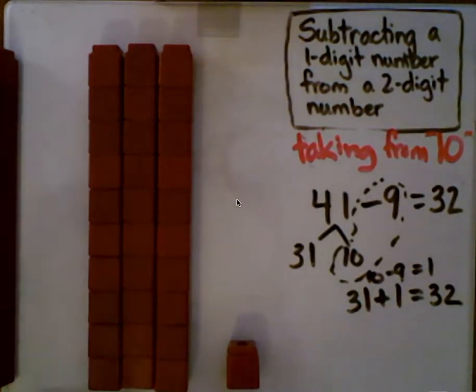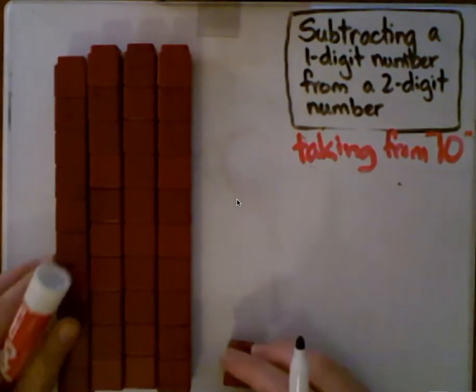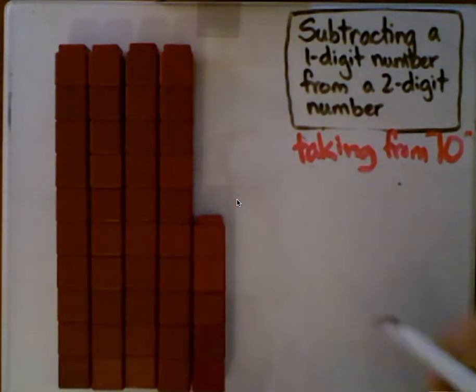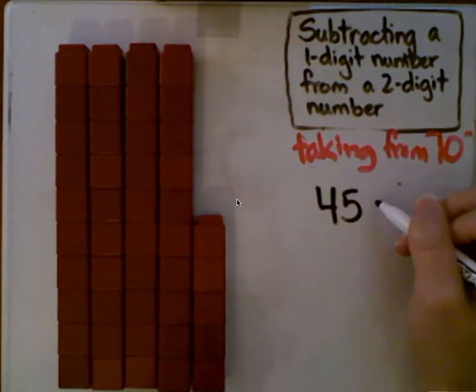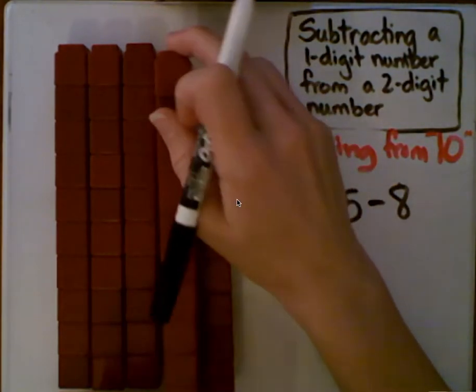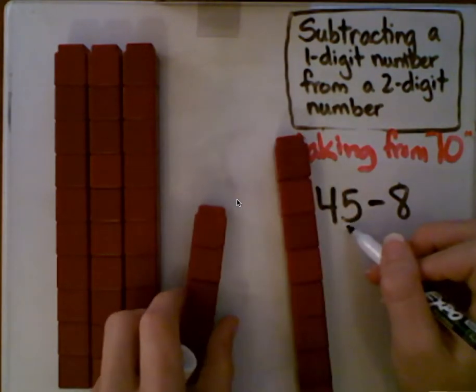Let's try one more, a little harder. What if I had 45 minus 8? My basic fact doesn't help me here, so let me think about where I can take the 8 from. I pull out a 10.